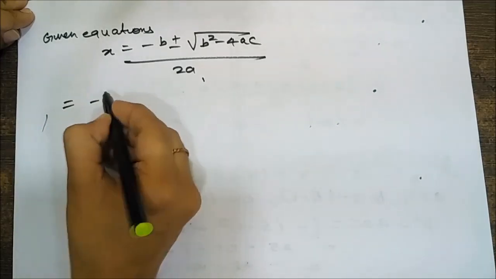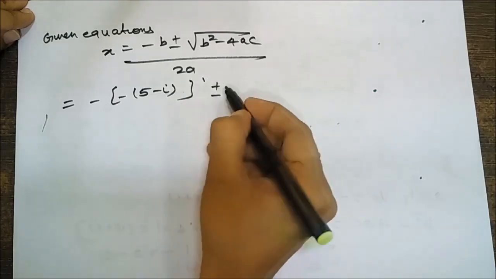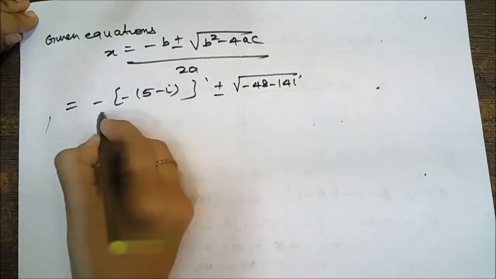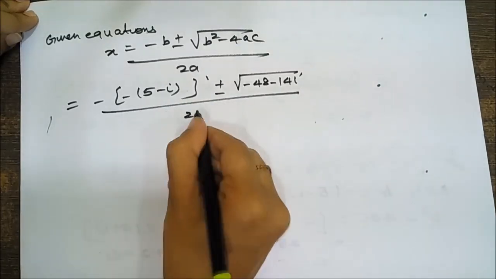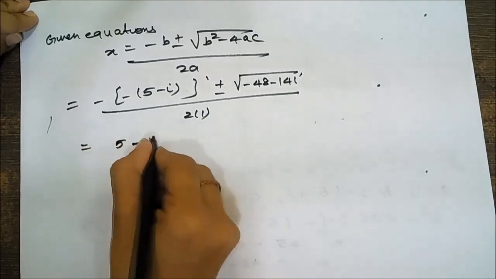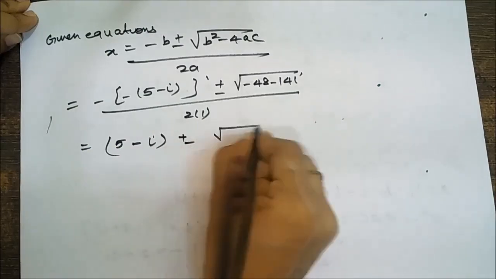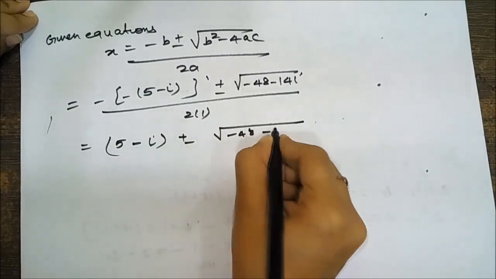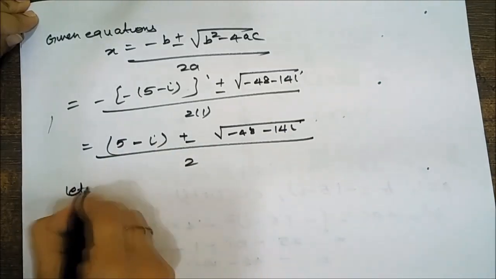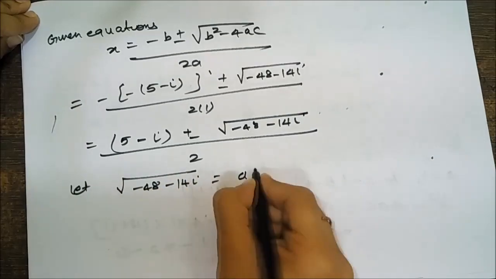You get 5 plus i plus or minus root of minus 48 minus 14i upon 2 into 1. Let root of minus 48 minus 14i be equal to a plus bi.